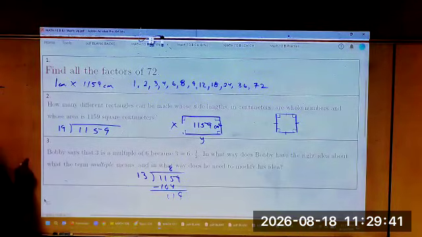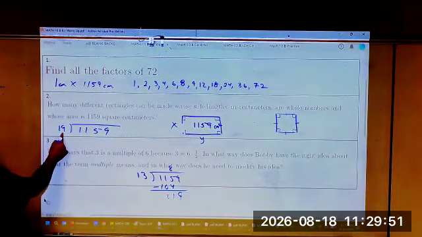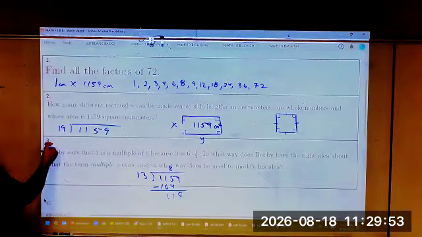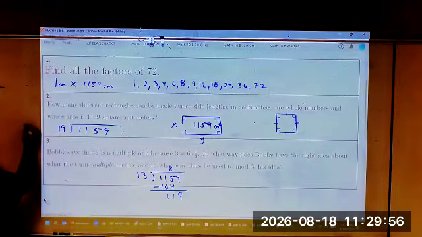So 19 times 1, 19 times 5. 9 times 5 is 45, 19 times 5 is 95. 19 times 6 is going to be 60 plus 54. 19 times 6 is going to be 114.